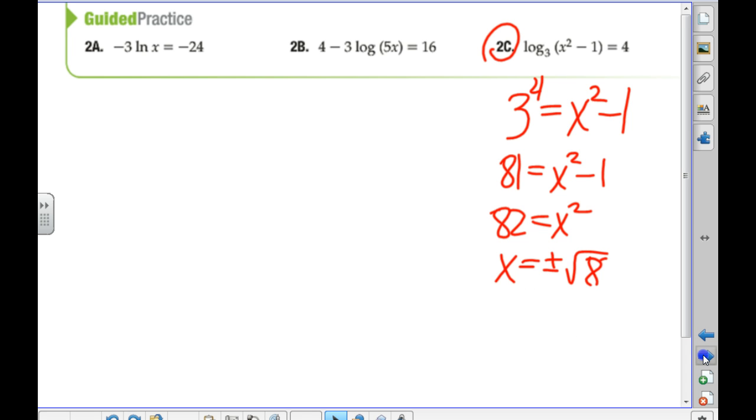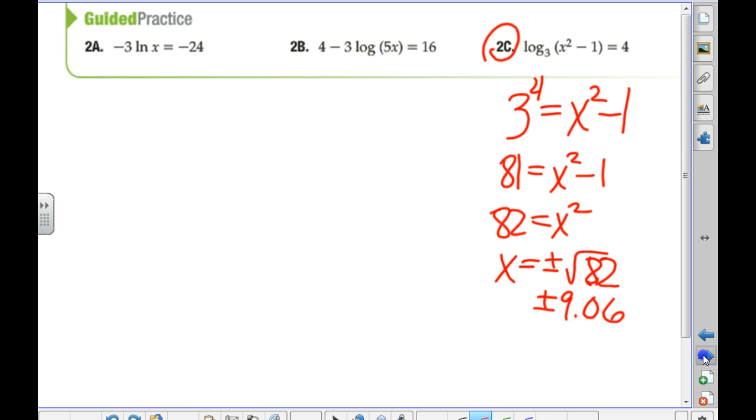So what's the square root of 82? Thank you for fixing me. Plus or minus the square root of 82? Can we throw away the negative? Look at the problem, guys.